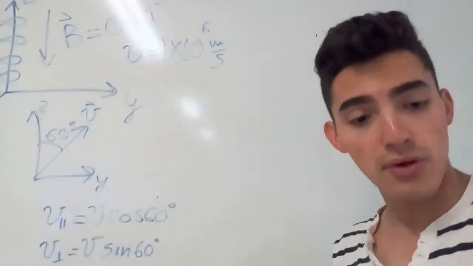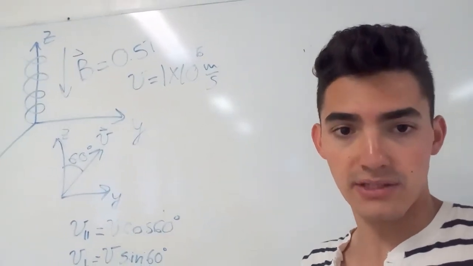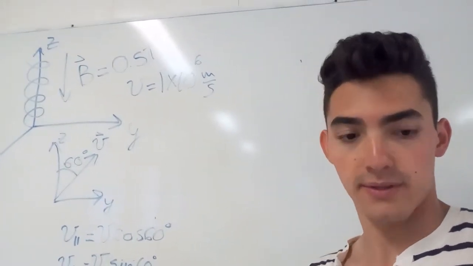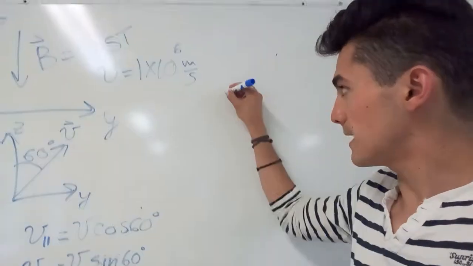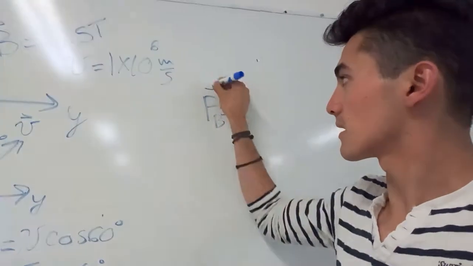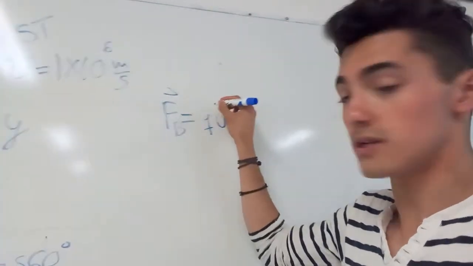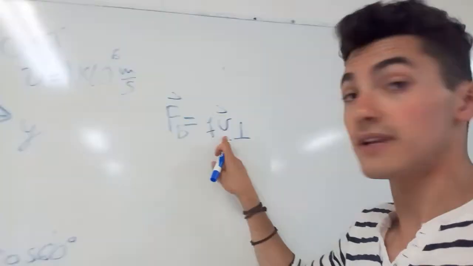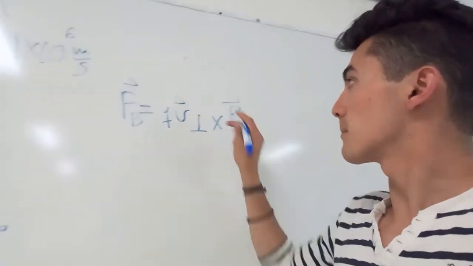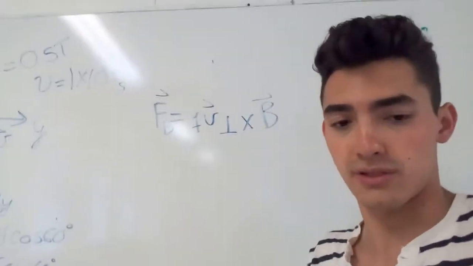Then the second part of the problem says that we have to find the radius r of the trajectory as seen from a plane perpendicular to the magnetic field. Okay, so for part B we have to consider our formula, that the force of the magnetic field is equal to the charge times the velocity cross product our magnetic field, and all of this is vectors.